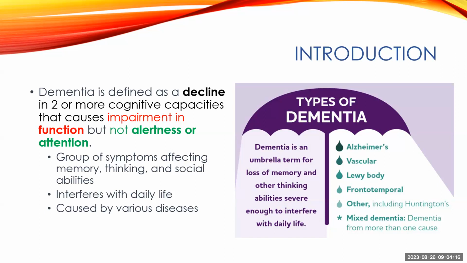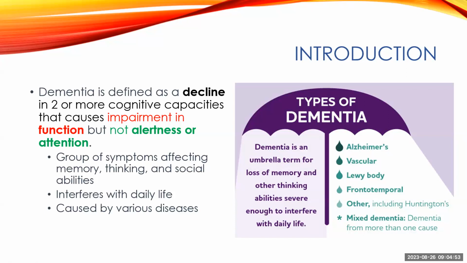The brain has to be affected in a certain way to affect more than one capacity. And it is about the functions. People cannot perform certain functions, but it's not because their alertness or attention has decreased. You will see more about this later on when you need to tell one from the other.